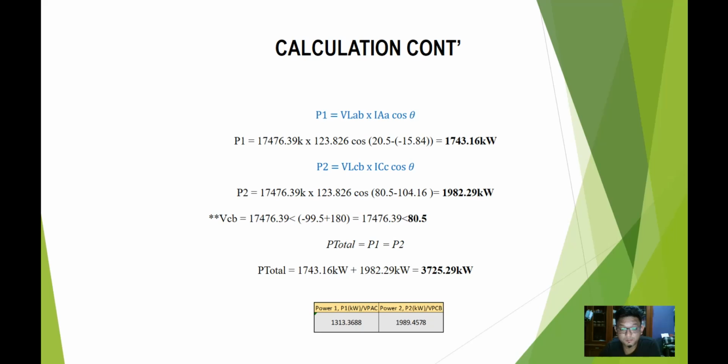And the table below shows the calculation by using PSIM software.